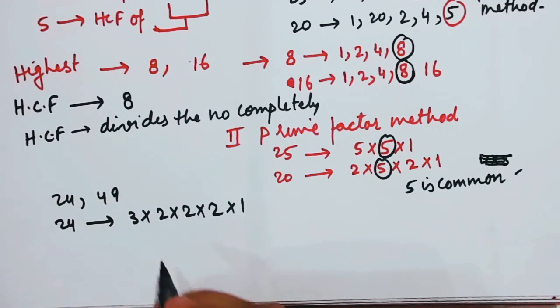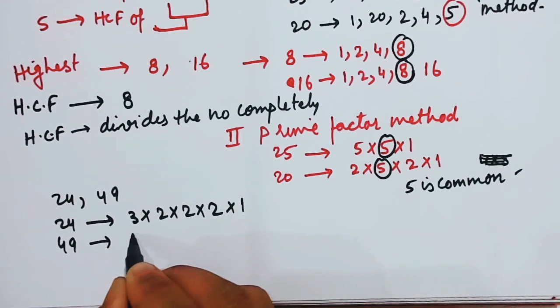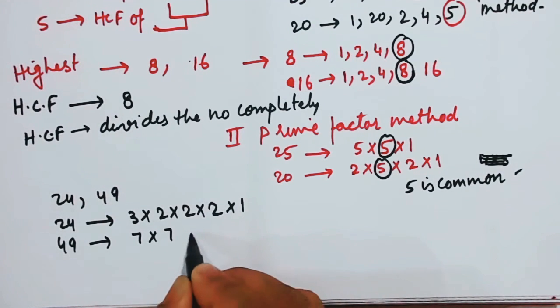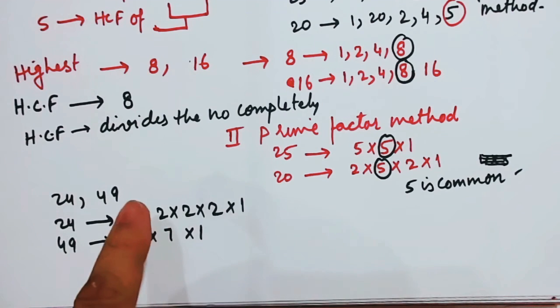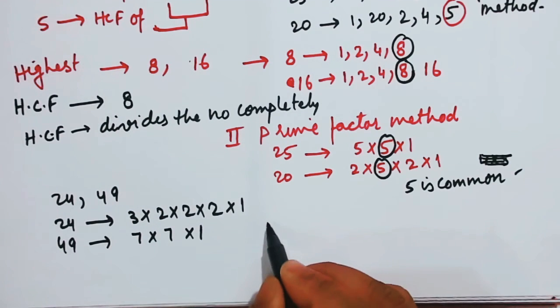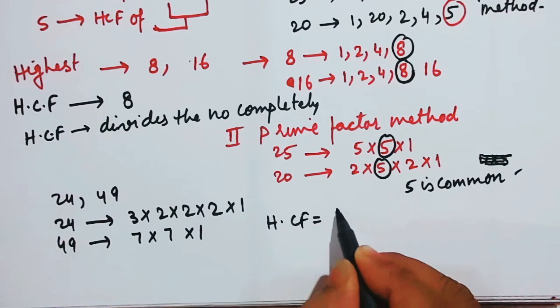What are the factors of 49? Factors of 49 will be 7 times 7 times 1. So here I find that none of these prime numbers are common. Therefore my HCF, highest common factor, will be 1 only.